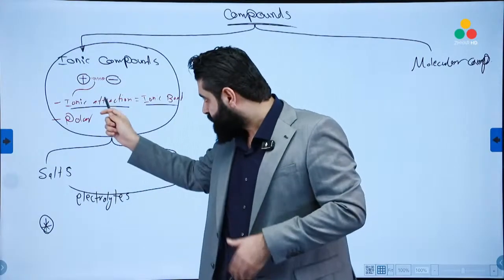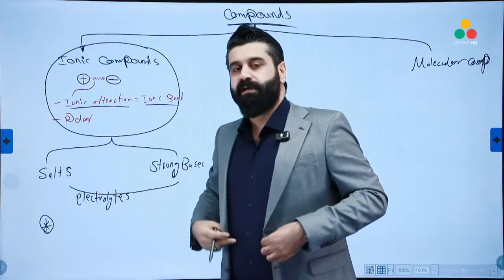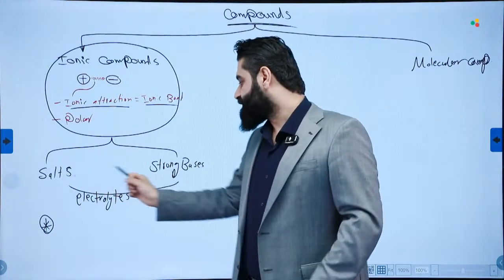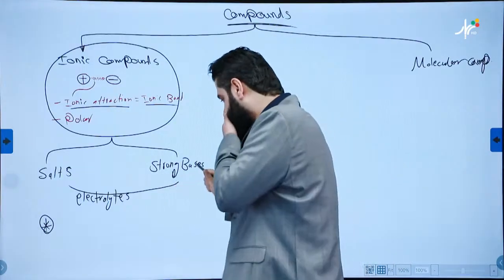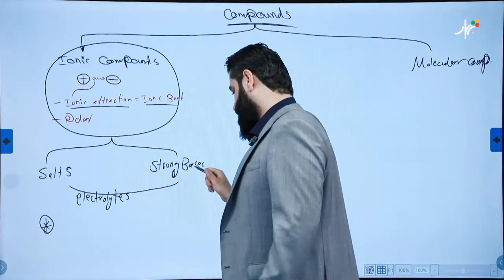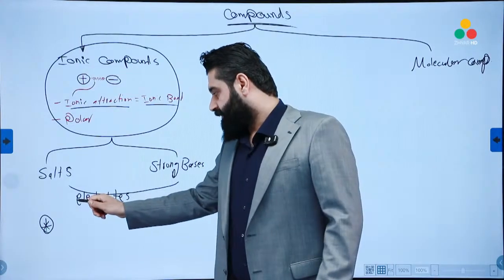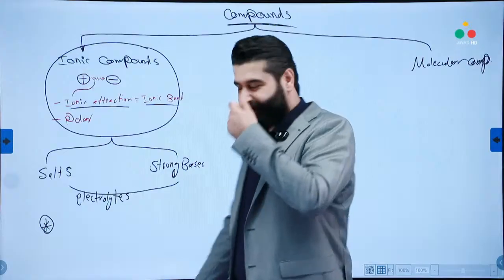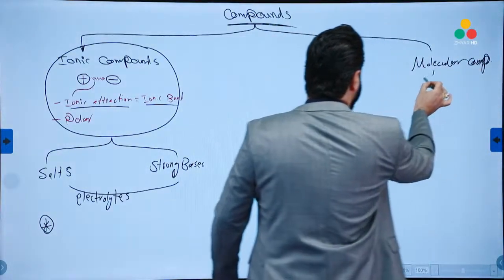There's a further classification for the ionic compounds, which are salts and strong bases. Normally I will say strong base. I love this name, base, because you know my sister has this name. And both are electrolytes.